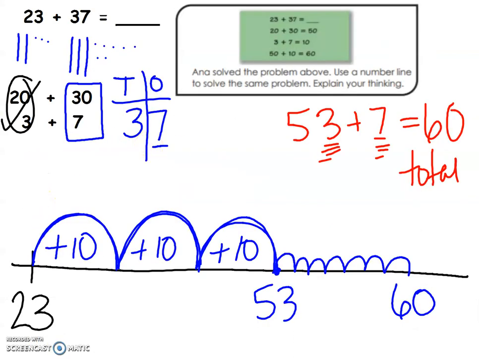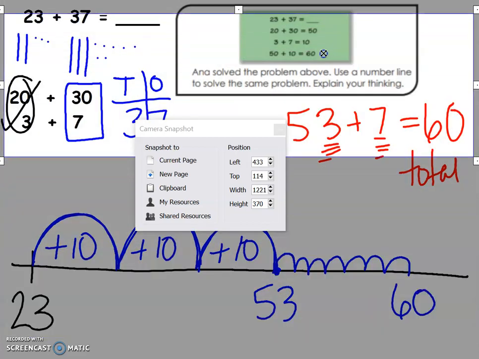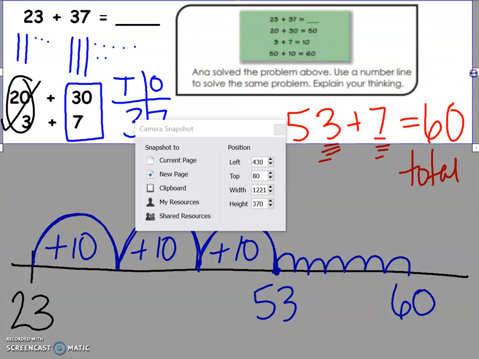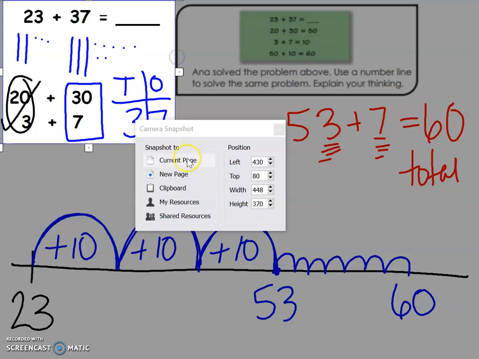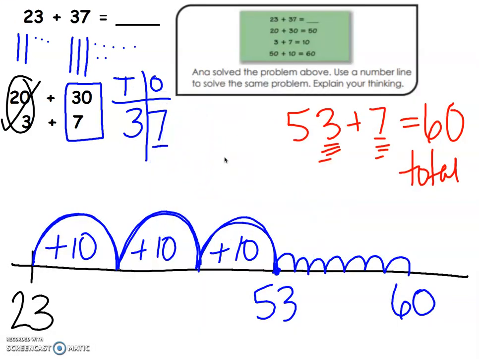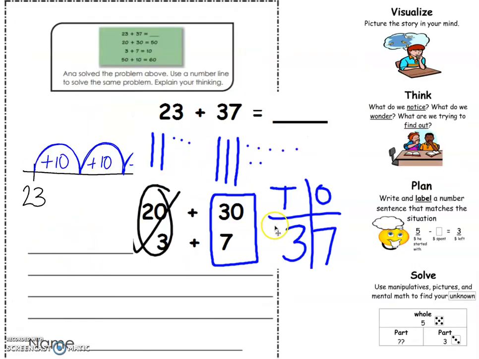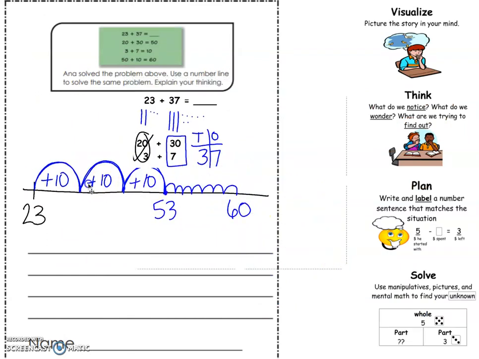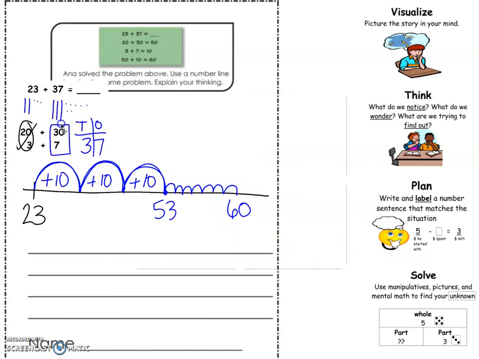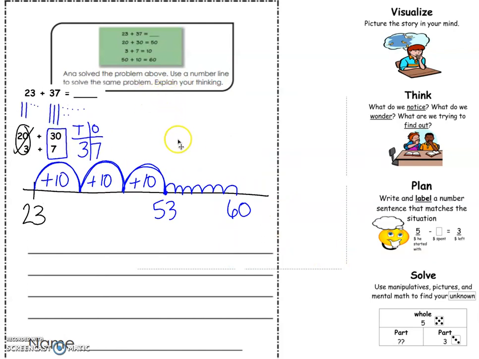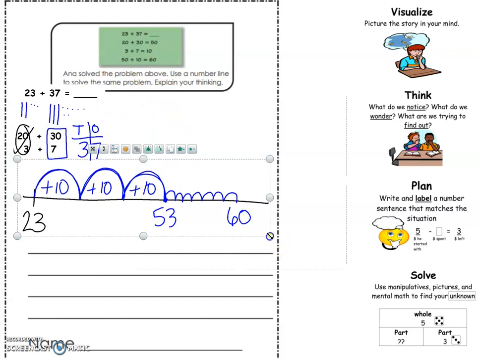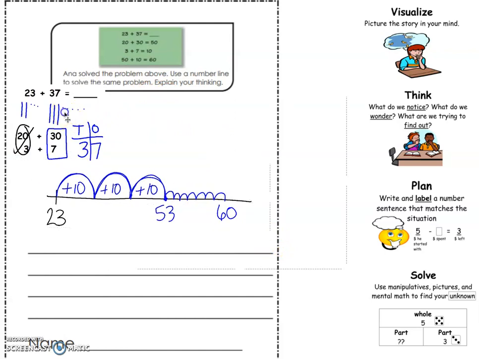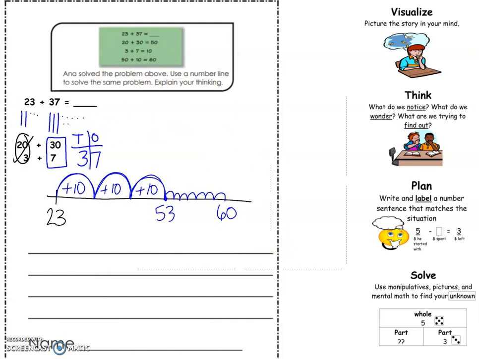And I am actually also going to take what I did up here, okay, because this is also part of our thinking. And I'm going to place this into my workspace because in your journal, this would have been in your workspace already anyway. Okay. All right, so I'm going to put this down there because this is what we did and we're going to use it as we explain our thinking using words.